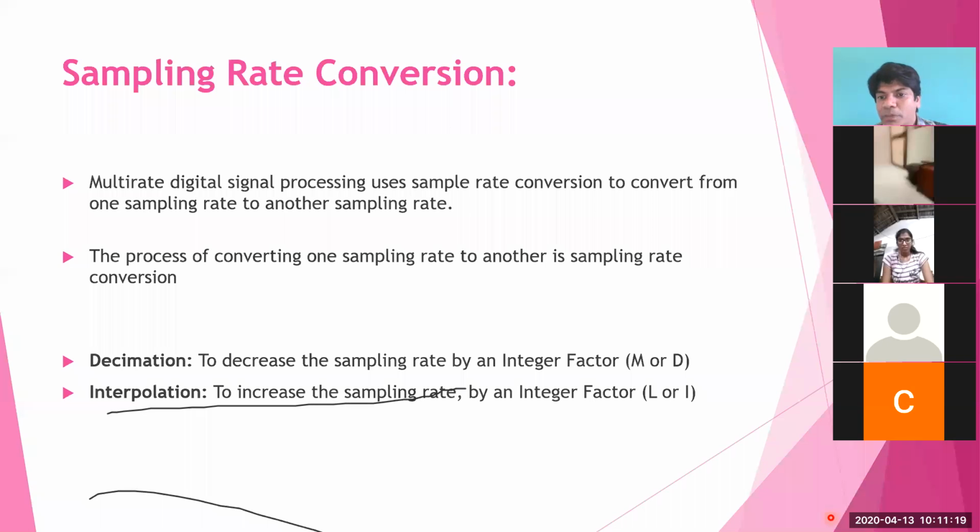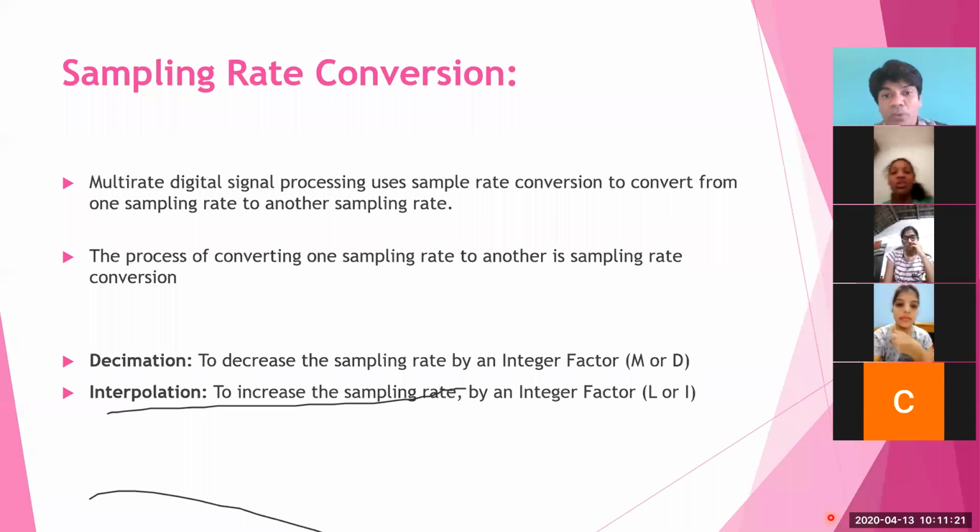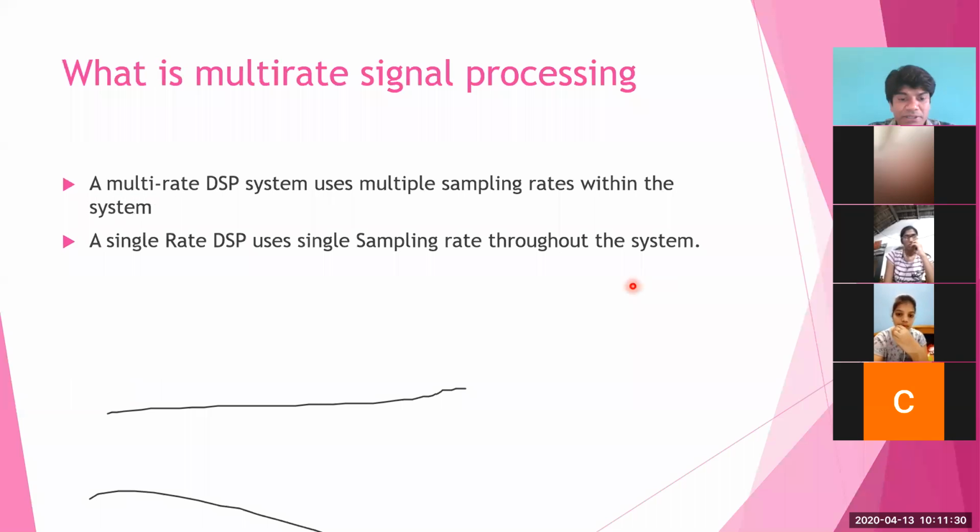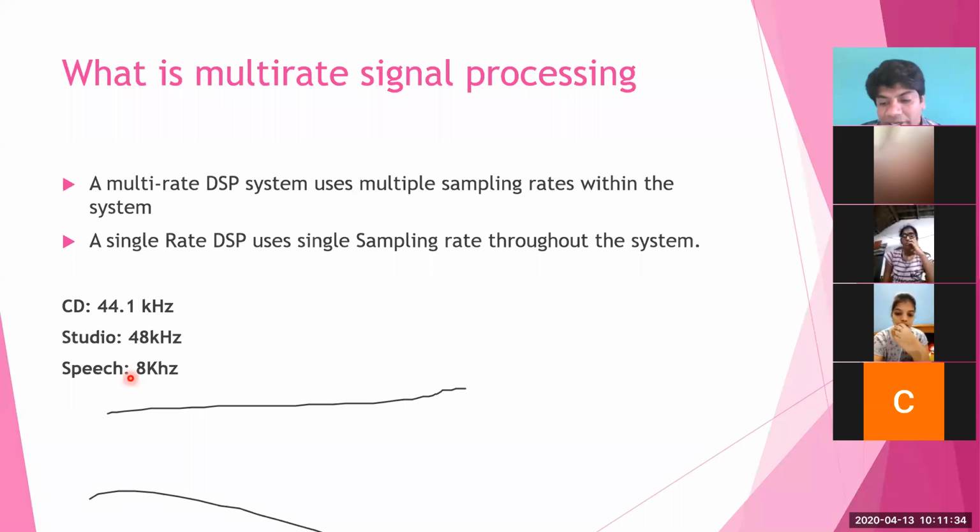Okay, interpolation is exactly opposite to it, where at times we need to increase the sampling rate. For example, if you go back to our previous example here, let us say I have a speech which is encoded at 8 kilohertz sampling rate.